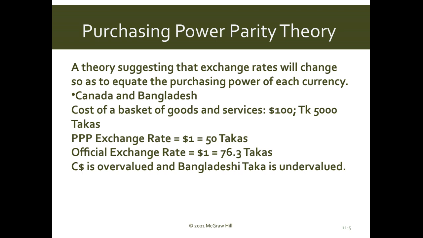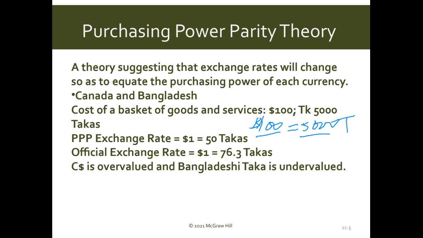Just give me a second. So if I write like this, that $100 is equal to 5,000 takas. So $100 equals, this is the purchasing power of $100 equals purchasing power of 5,000 takas in Bangladesh.